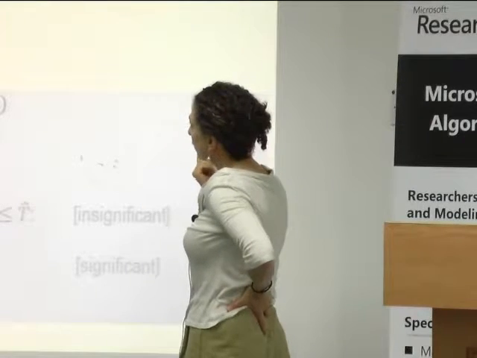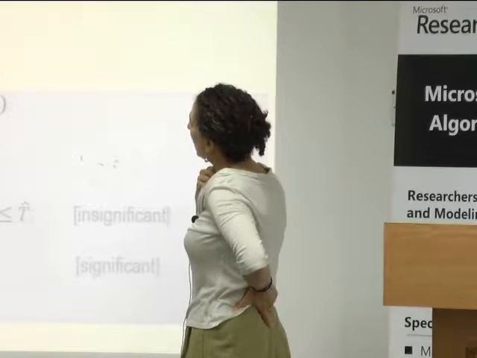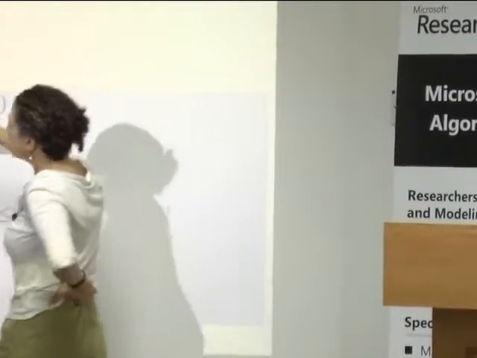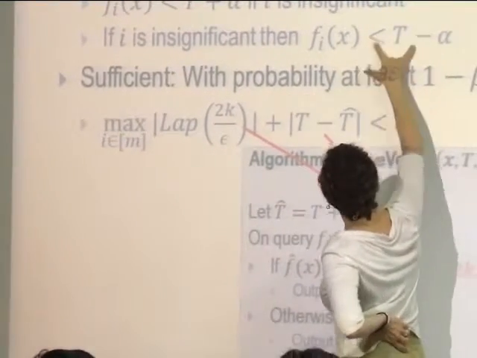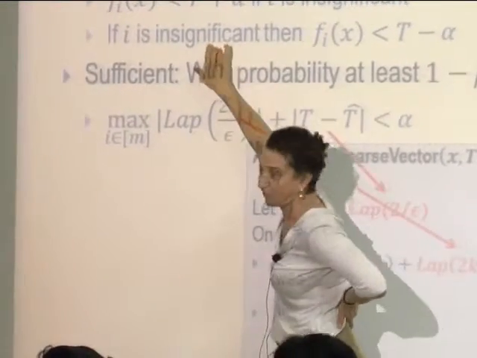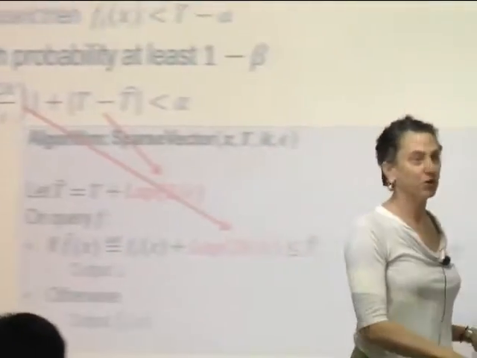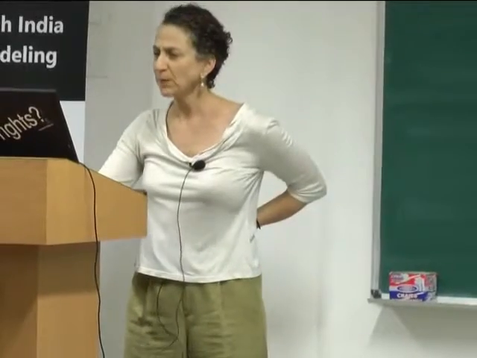The second line is correct. What I want to say is, if this happens, then that happens. If it's far below threshold, then we want to report it as insignificant. Sorry about that. All right.